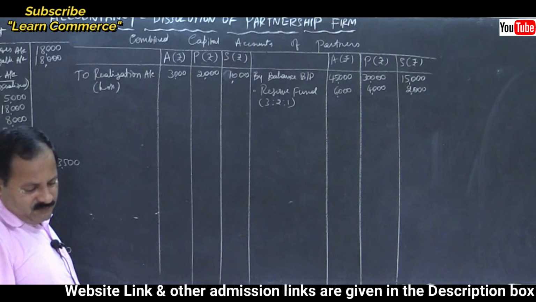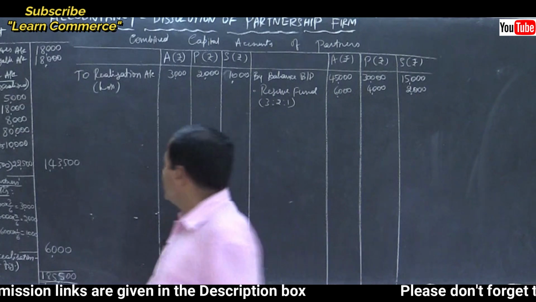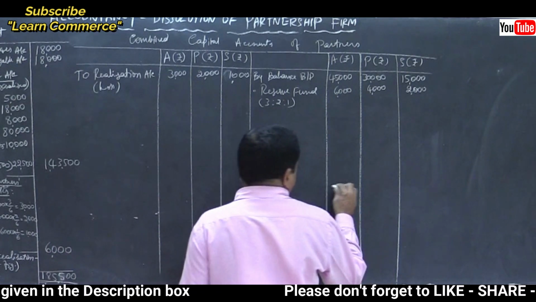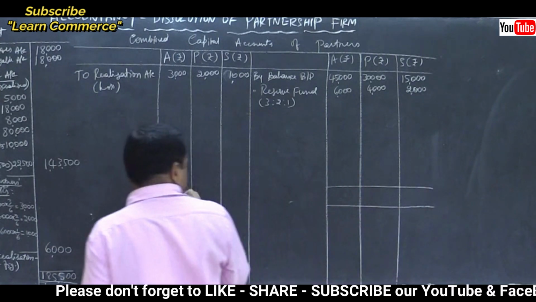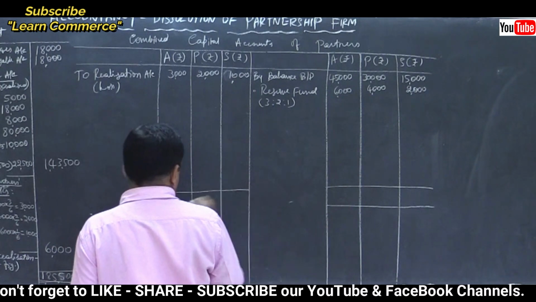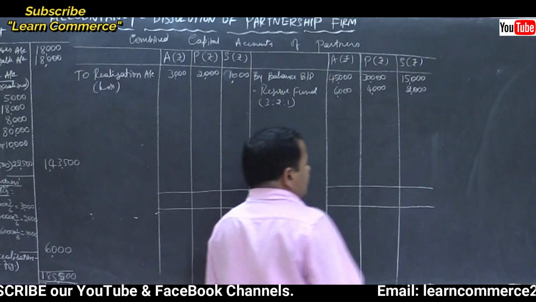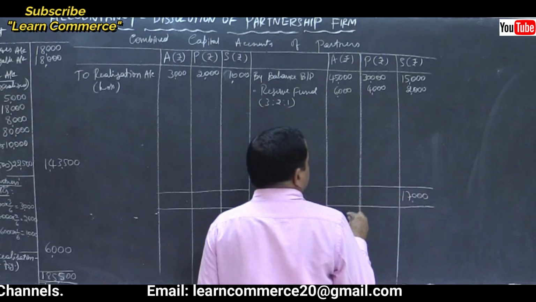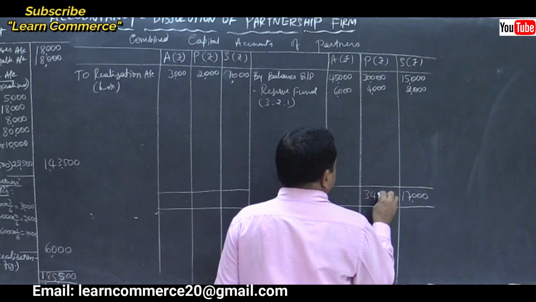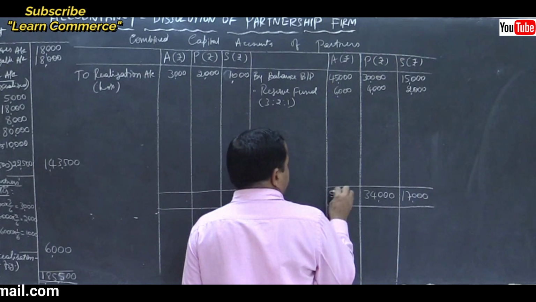Anything else? No, nothing. Close it. Find out the difference, make payment to the partners. 17,000, here 34,000 and 51,000.